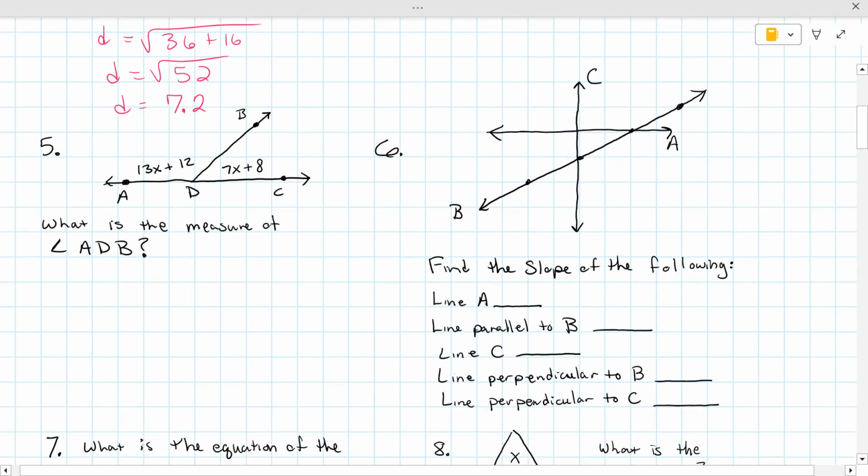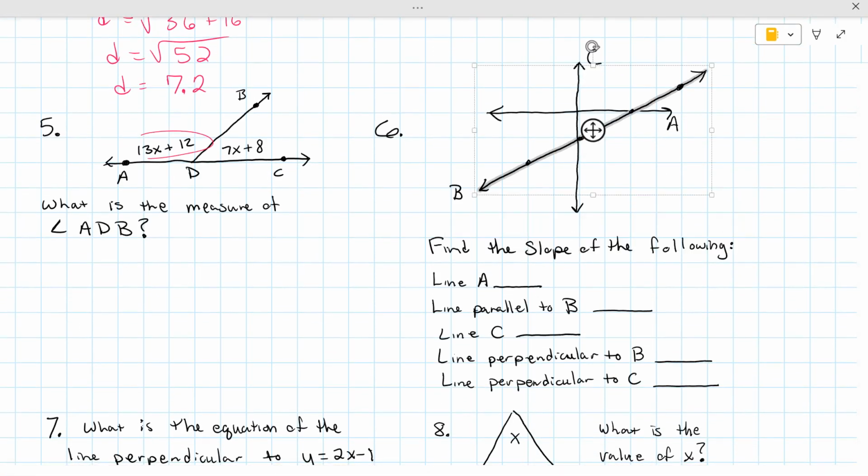Okay, what do we know about these two angles? They're not equal to each other. They add up to equal 180. They're part of a straight line, so you have to add them to be 180.